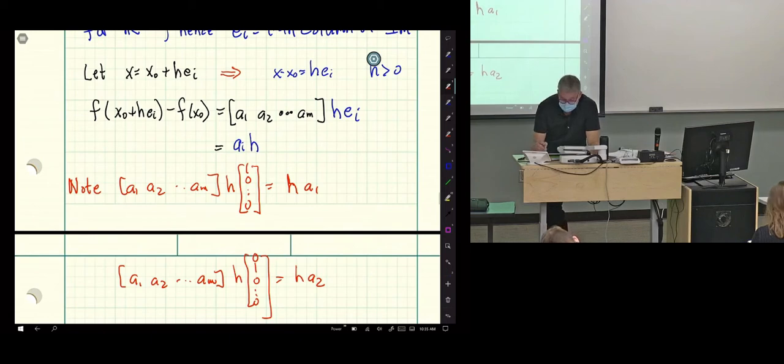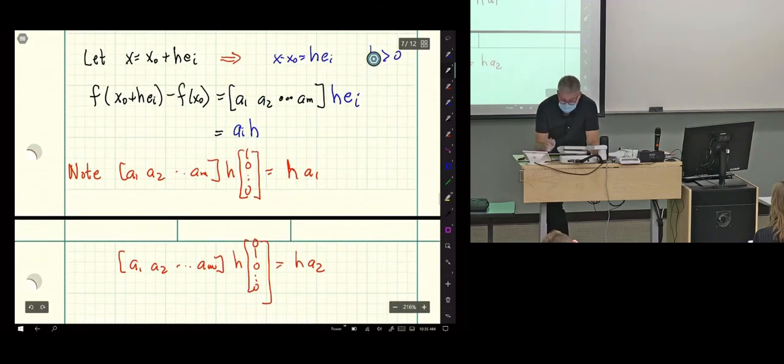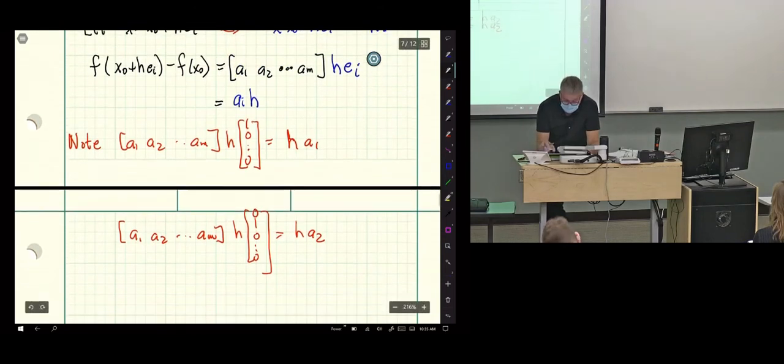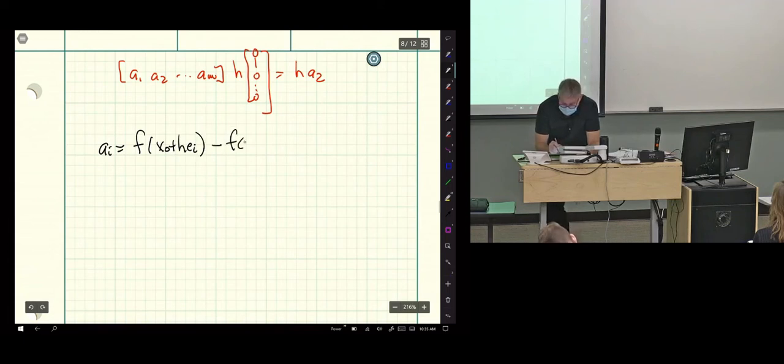And so now, how do I solve for ai? Well, I divide both sides by h, and I get ai is f of x0 plus h Ei minus f at x0 over h.